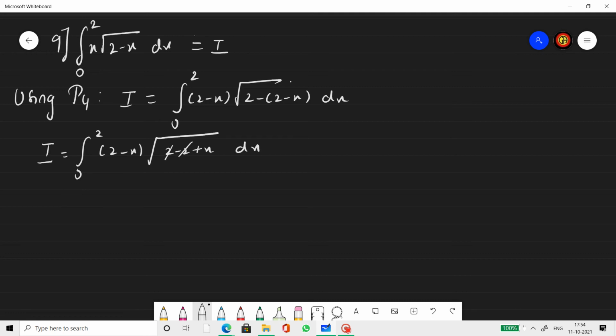The 2 and minus 2 get cancelled. So I equals integration 0 to 2, (2 minus x) root x dx. So I equals 0 to 2, 2 root x minus x root x dx.